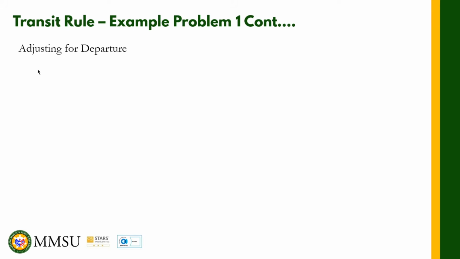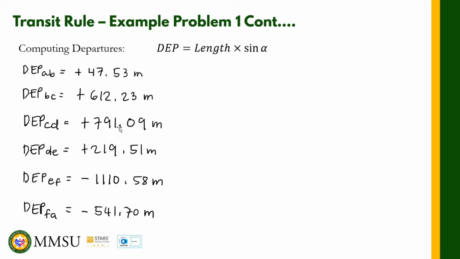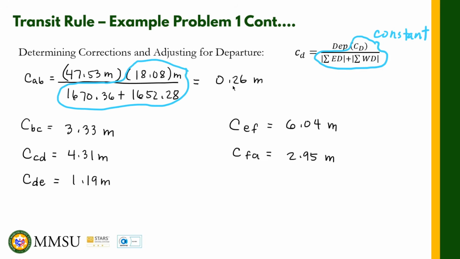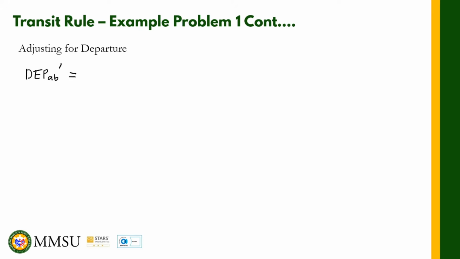The adjusted departure for AB is equal to the original departure of AB, which is positive 47.53. It should be there along our calculations. And we are going to subtract the correction of 0.26. For the positive departures, subtract the correction.